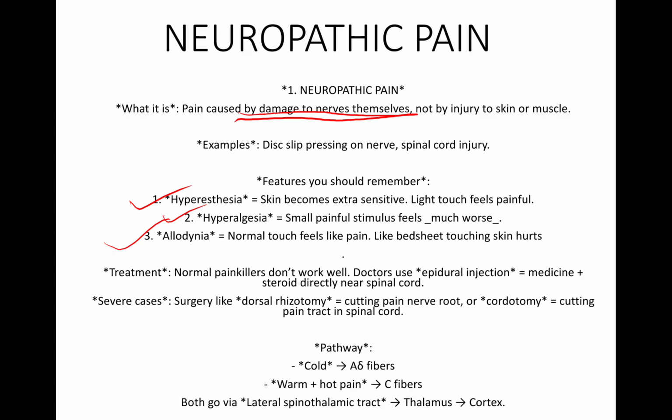Okay. Now, the treatment for this: normal painkillers don't work here. Doctors use an epidural injection, which is medicine plus steroid directly to the spinal cord. In severe cases, surgeries like dorsal rhizotomy can be done, which is nothing but cutting the pain nerve root, or cordotomy.